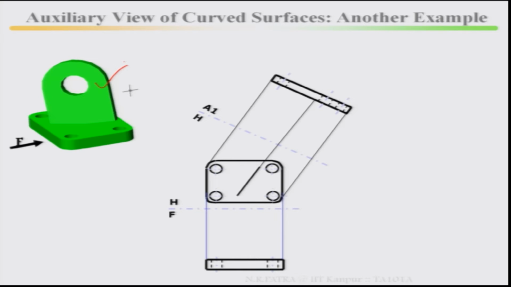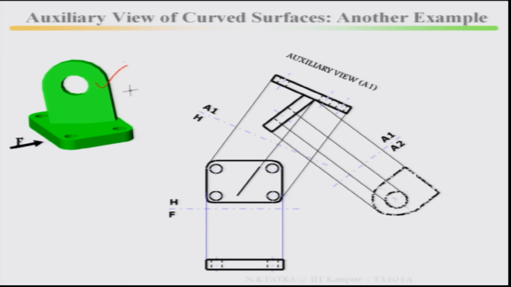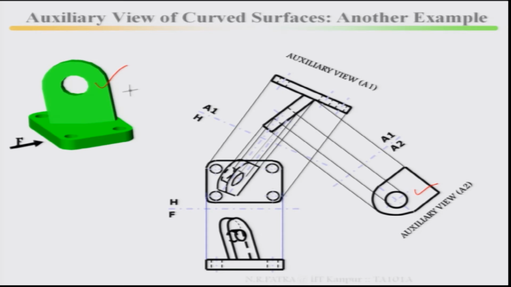Taking it with A1H, this is how it looks. Auxiliary view A1, then second auxiliary view A2. Take points one by one, then find them in auxiliary view A2. This is the true shape of the curved surface. Then after drawing this, you project it back to your top view and back to your front view.